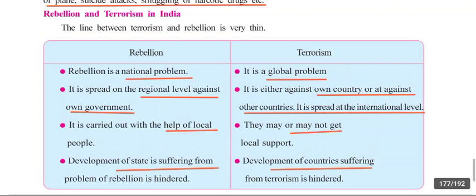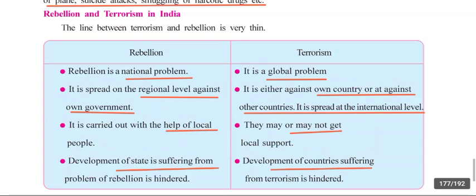While terrorism is a global problem which includes not just any single nation, it includes all the nations of the world. Rebellion is at a regional level. For example, in Punjab or Haryana or Delhi or Maharashtra or Gujarat, some regional issues are there and regional governments are included, while terrorism is from one nation to another nation, from one continent to another continent, and it may be against own government, but mostly it is against the government of others.